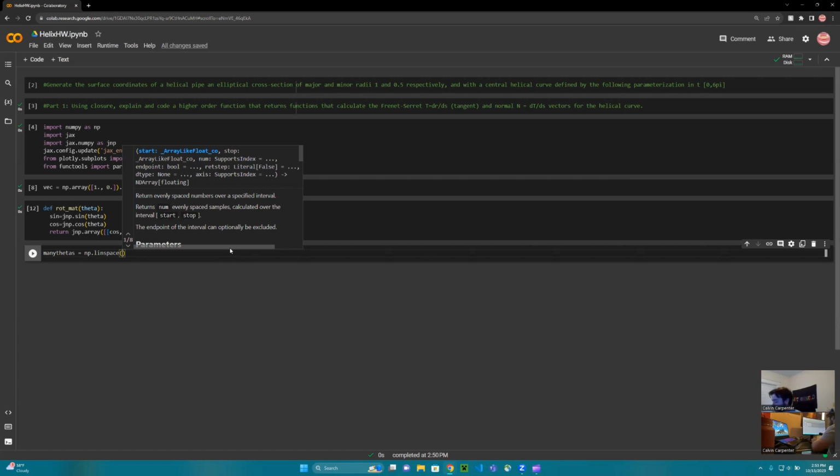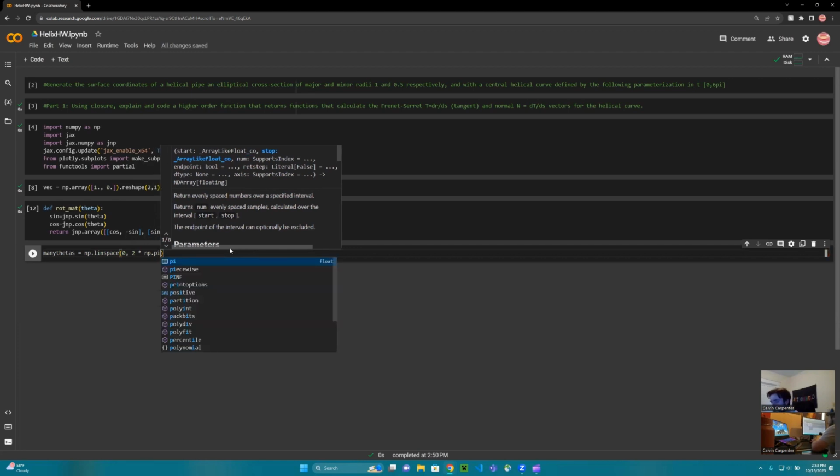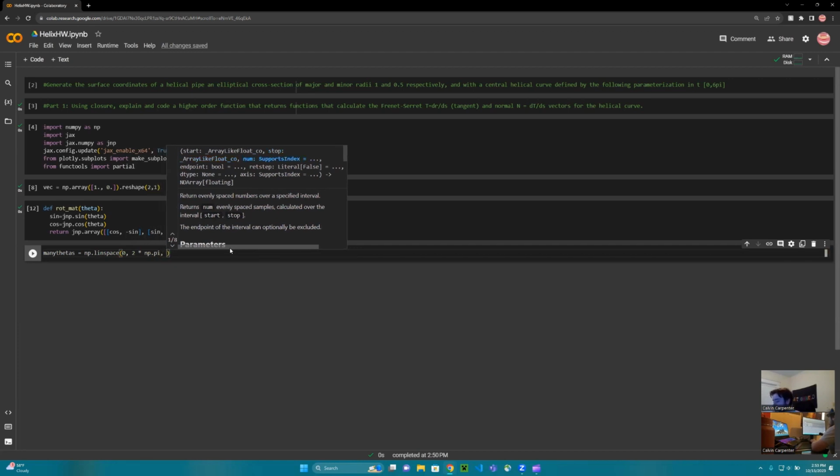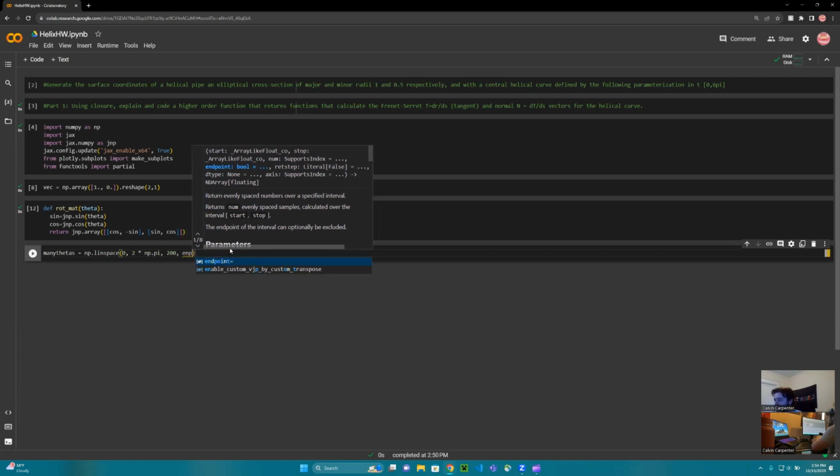So we can take an array from 0 to 2 pi, and then say 200 points on that full circle.